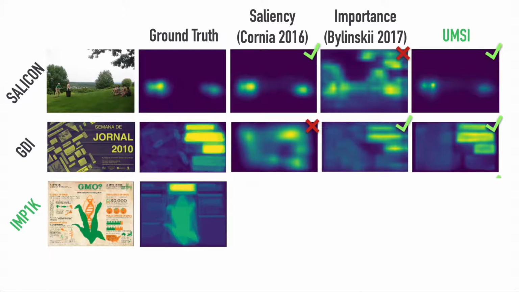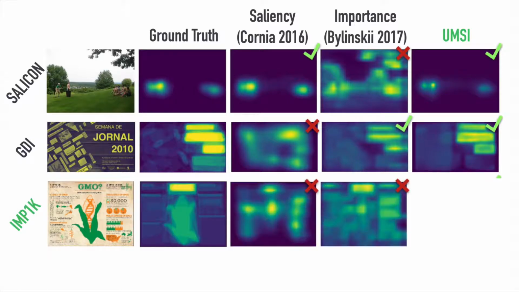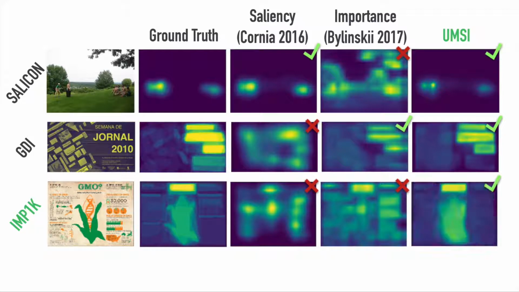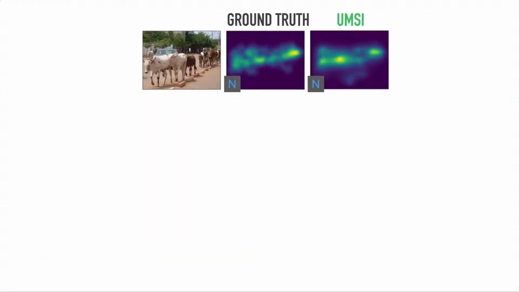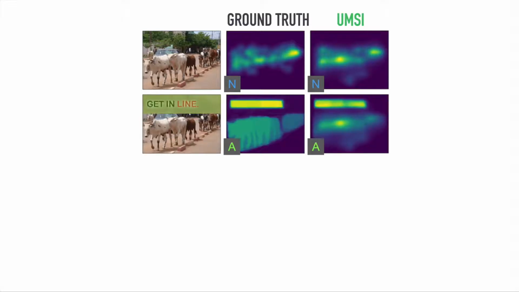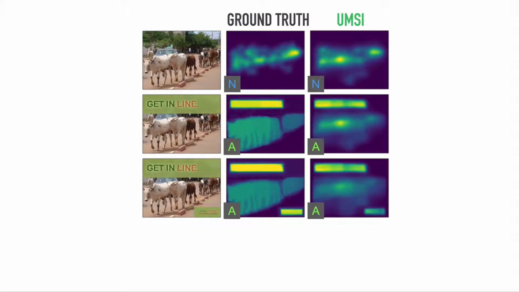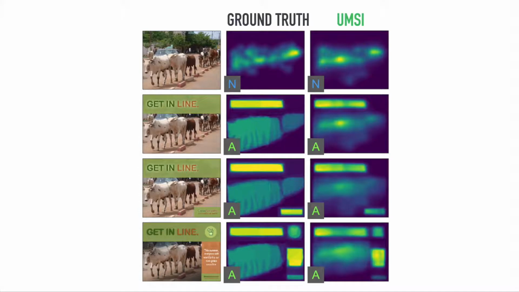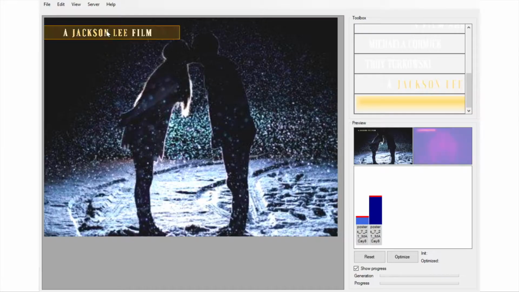Our IMP1K dataset offers a broader range of design classes on which both prior saliency and importance models perform poorly, but UMSI succeeds. But importantly, because designs are a continuum and often combine natural images with graphic design elements and text, UMSI can adapt to the design process to offer iterative predictions of importance that can be used within interactive tools to offer design feedback and guidance.